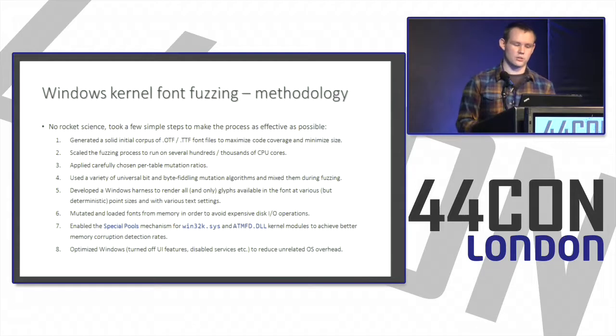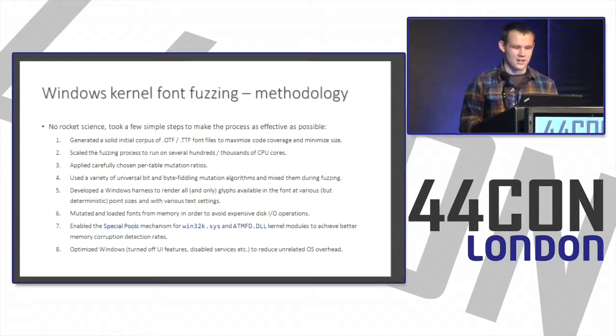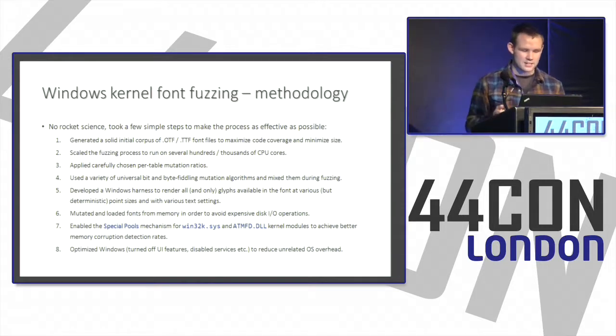I generated a good corpus of input files to mutate, both for OTF and TTF, with maximized code coverage and minimal size. I would run this on many machines. Also, because there are different tables inside of the fonts with different kinds of data, I applied per-table mutation ratios instead of the same mutation ratio for the whole font, because that doesn't make sense.